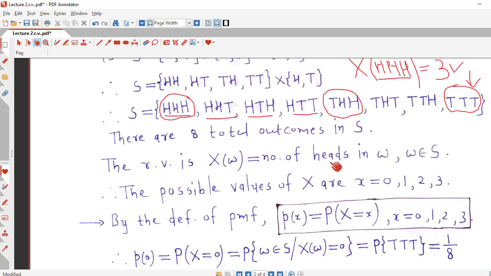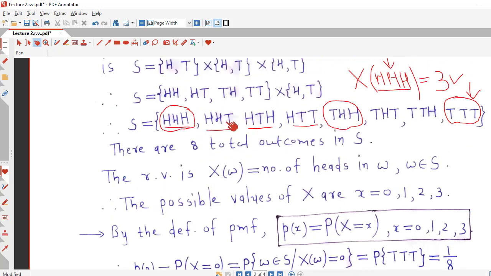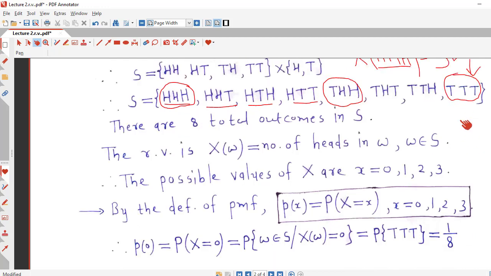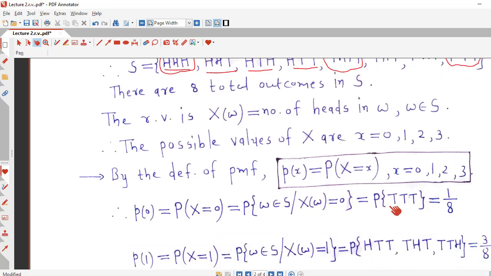So this is the only outcome in which there is no head. All are tails. So the probability of this event TTT is 1 by 8, because the outcomes in favor of this event are 1 and the total number of outcomes is 8.